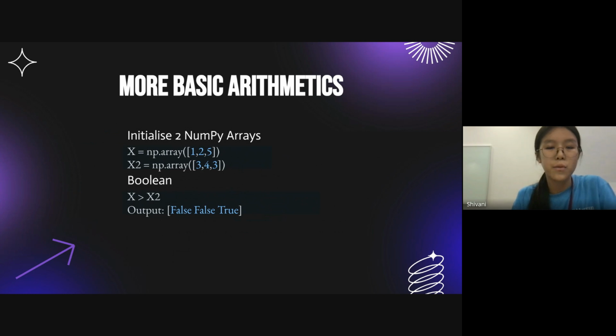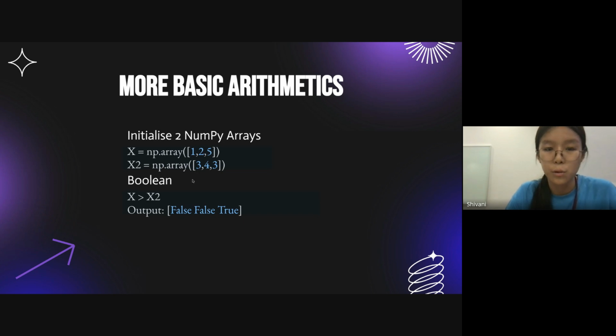Okay, then lastly, we'll also have Boolean. And for Boolean, you can use these arrow symbols to represent greater than, greater than or equal to, less than or equal to. What it does is that between these two NumPy arrays, it will compare each item at the same position. So for example, at the first position, is 1 greater than 3?